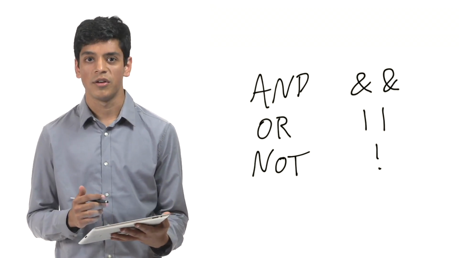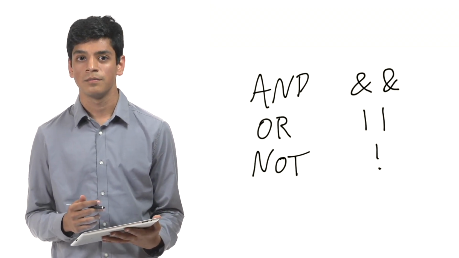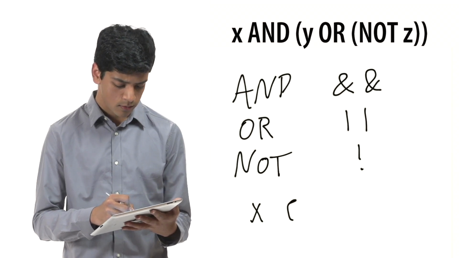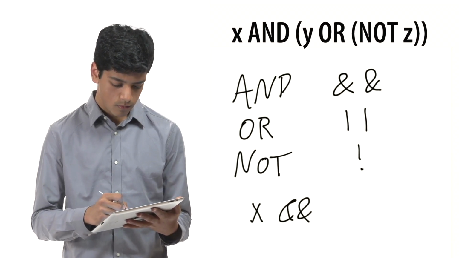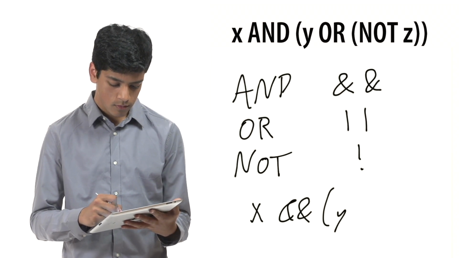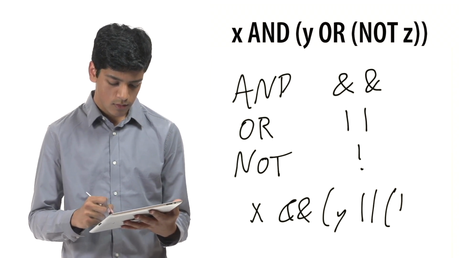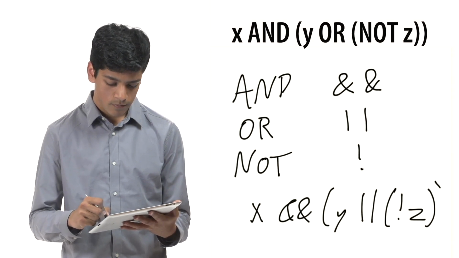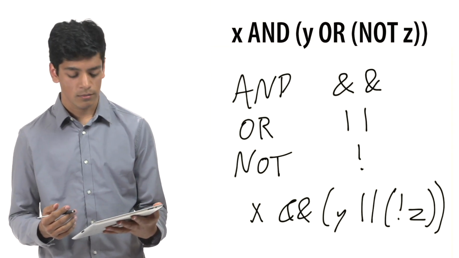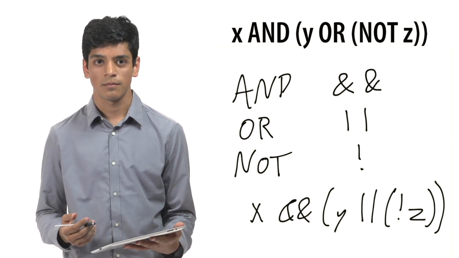And the not operator is simply an exclamation mark. So to rewrite the expression we had before, we would just write this: x and (y or not z). That's just taking exactly what we had before and turning it into C syntax.